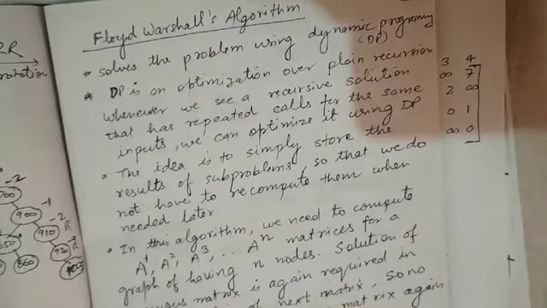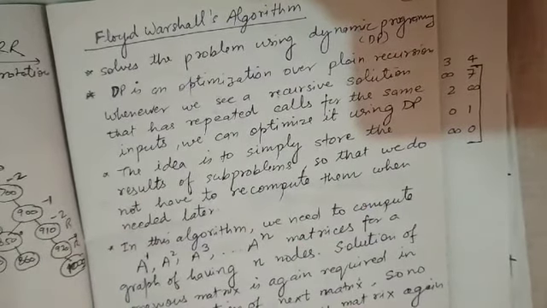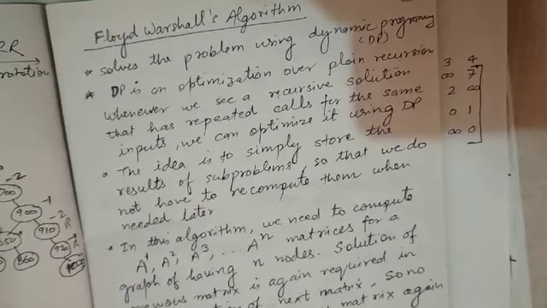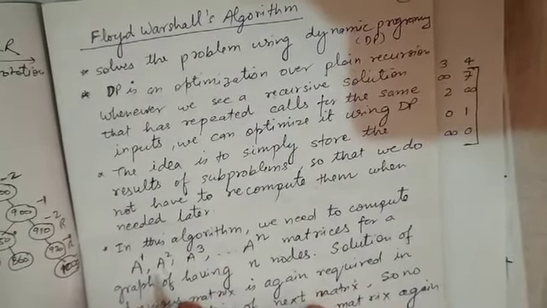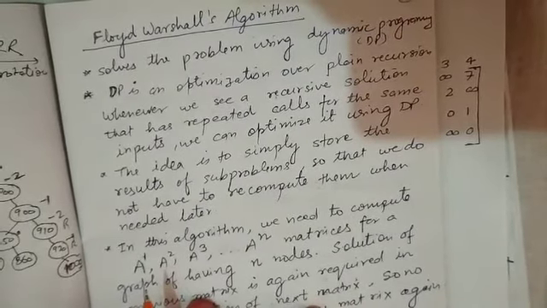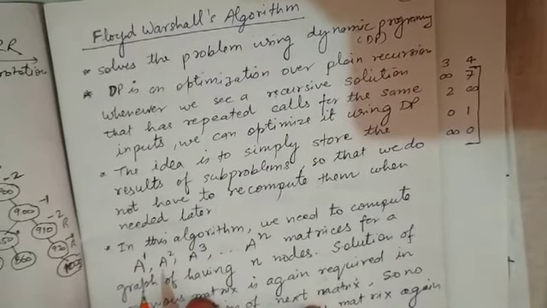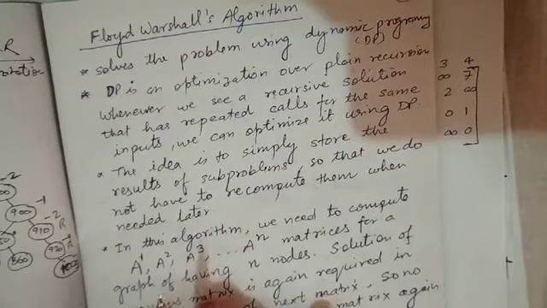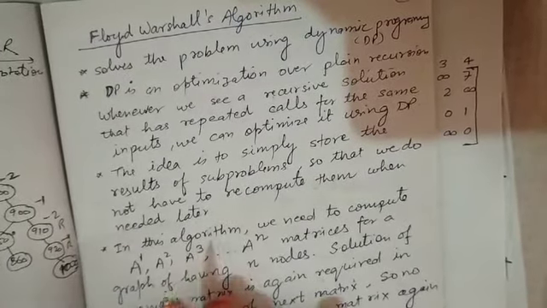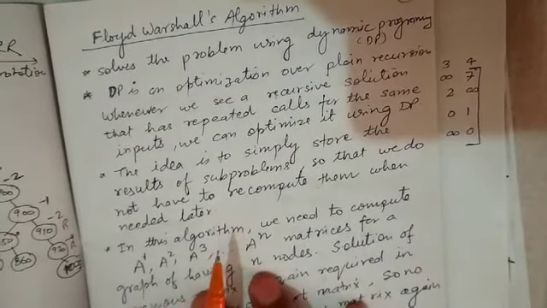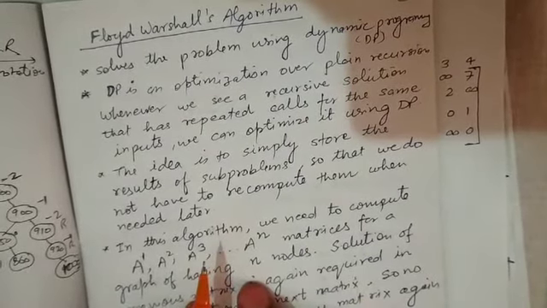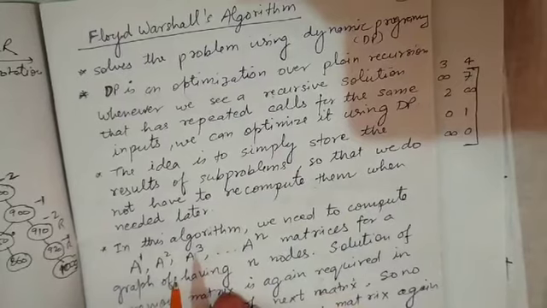The idea of dynamic programming here in the Floyd-Warshall algorithm is that if there are n nodes in the graph, it will calculate n weight matrices. Every matrix is dependent on its previous matrix. The solution of any matrix at any iteration depends on the solution of the previous matrix in the previous iteration.